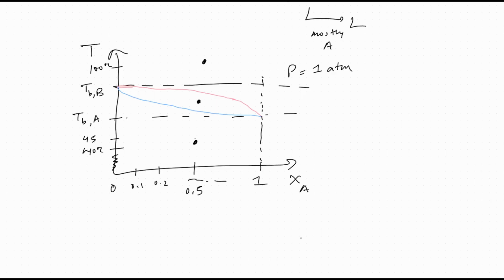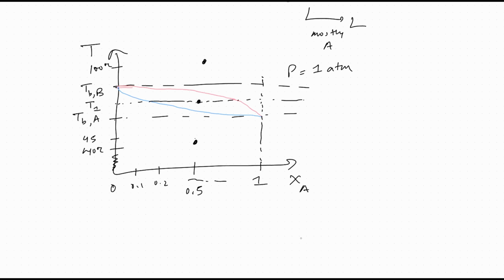It's both of them, essentially. We have both a liquid phase and a vapor phase. So let's call this T1. So at T1, we have now a liquid phase and a vapor phase.